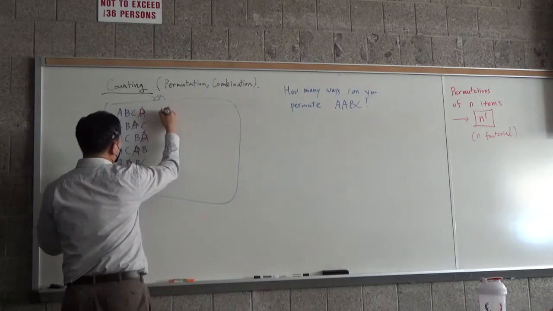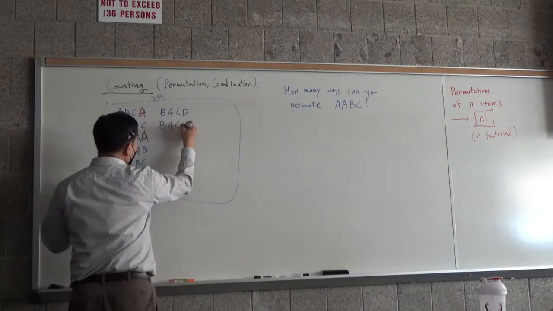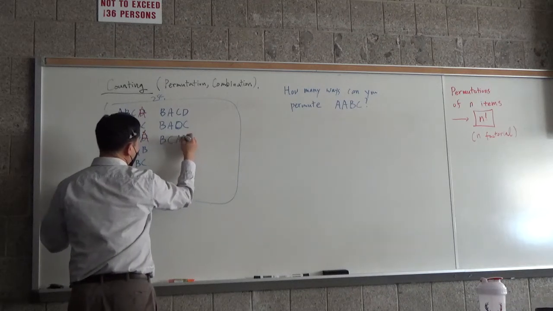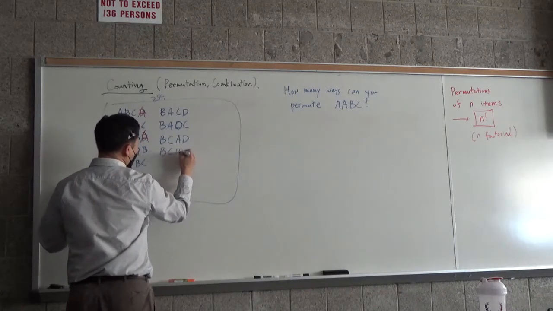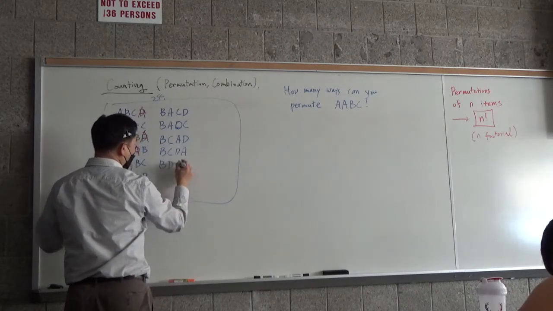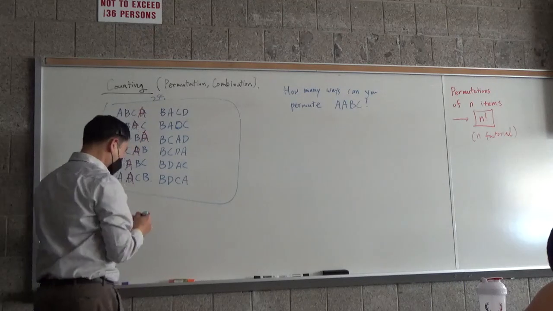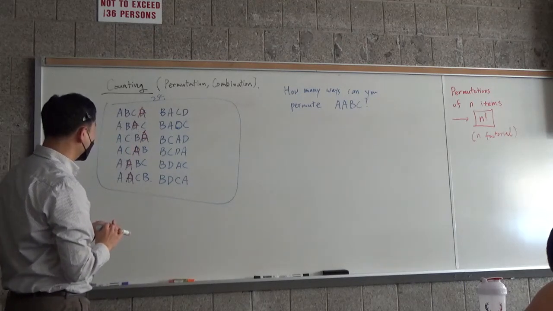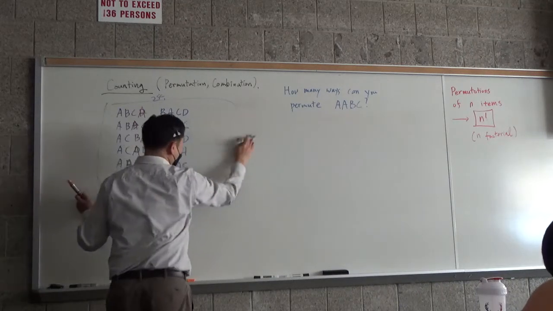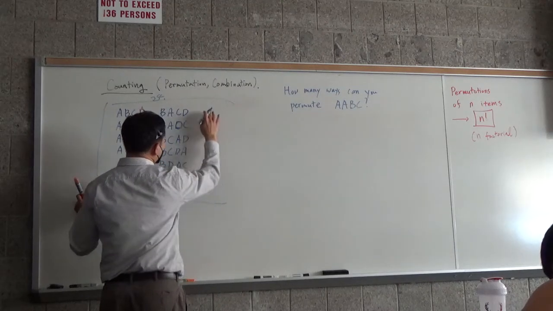Okay, so if you have B, A, C, D, B, A, D, C, B, C, A, D, B, C, D, A, B, D, C, A, B, D, A, C, B, D, C, A. Okay, I see that it starts repeating when you get to this one.